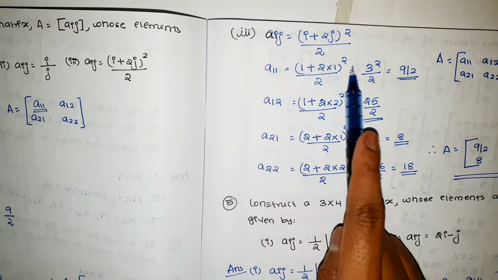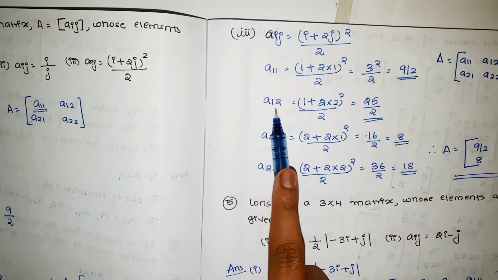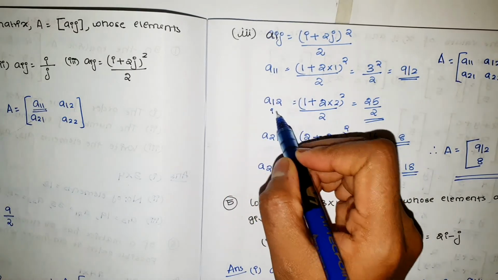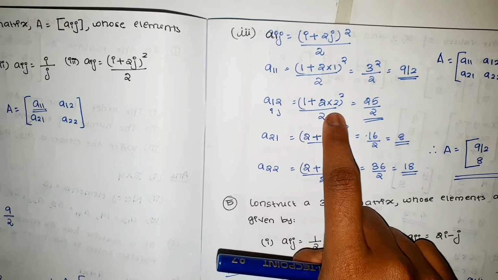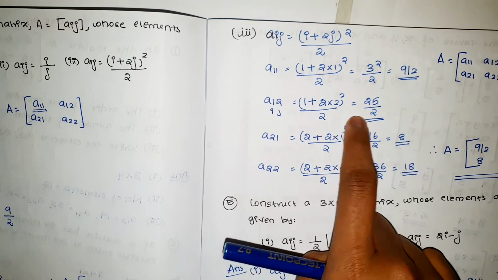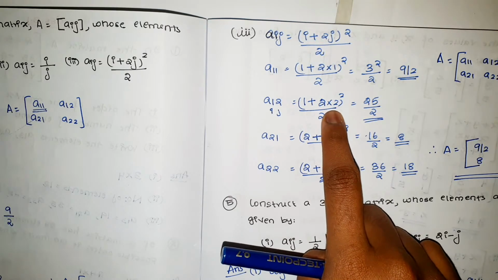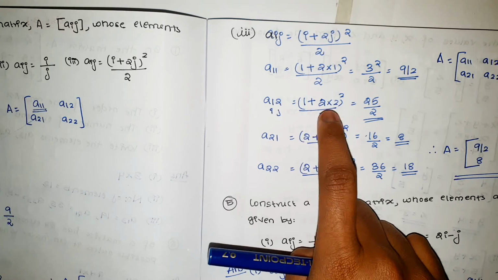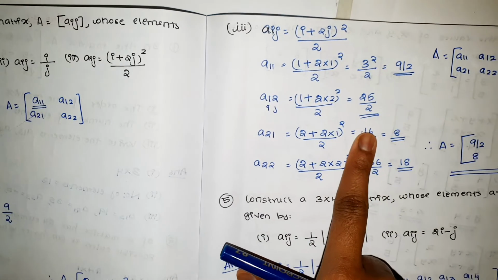So 3 square by 2, that is 9 by 2. Next is A12. Here i is equal to 1 and j is equal to 2. Substitute the values: (1 plus 2 into 2) the whole square divided by 2. That is 2 into 2 is 4, plus 1 is 5. 5 square is 25, that is equal to 25 by 2.